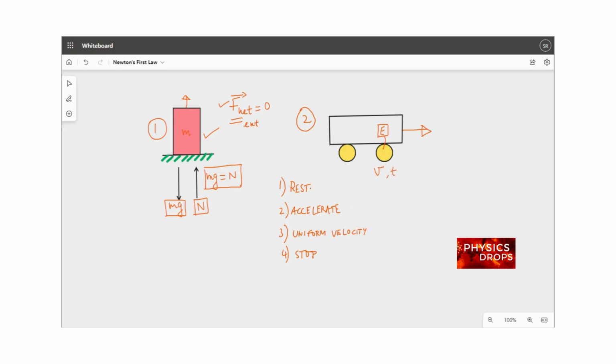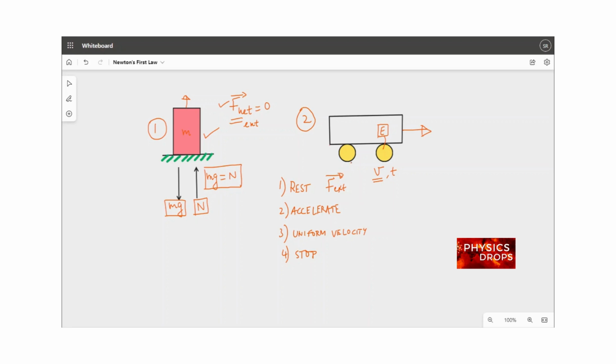So it was at rest, and it is the acceleration that added to its velocity and made it move. But what we are concerned about here is that there was a net external force. There was an external force acting on the object, which is why it started moving in the first place and then accelerated and attained a velocity v.